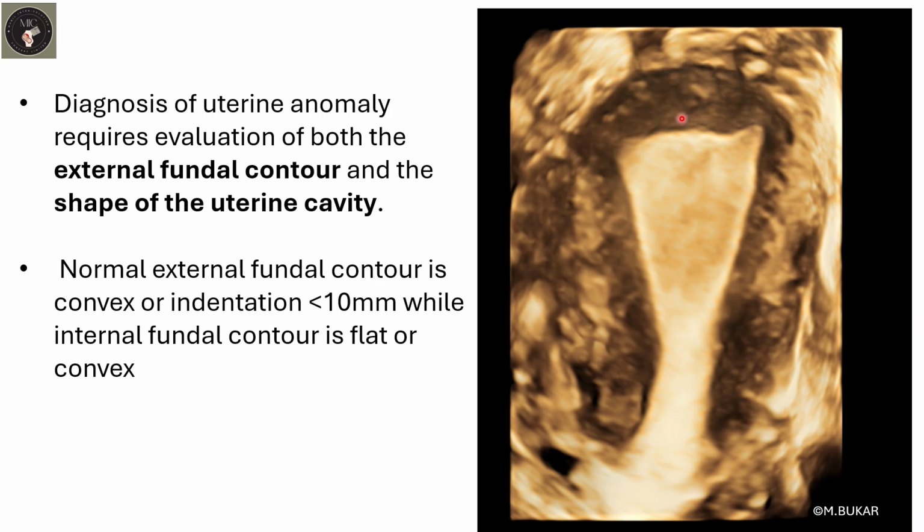This is a 3D coronal view of a normal uterus. The diagnosis of uterine anomaly requires evaluation of both the external fundal contour, this is the external fundal contour, and the shape of the uterine cavity, and this is the normal triangular shape of the normal endometrial cavity.